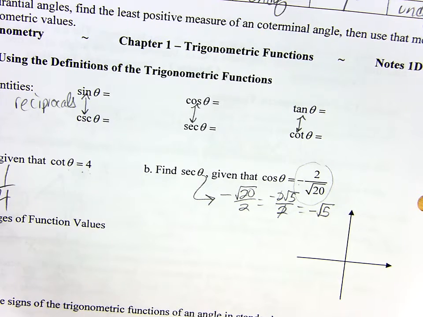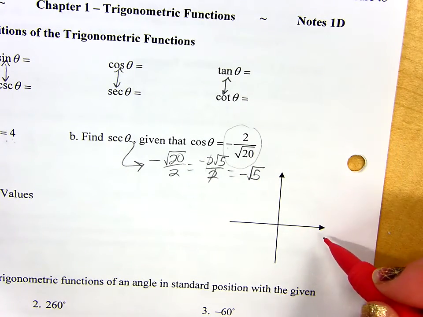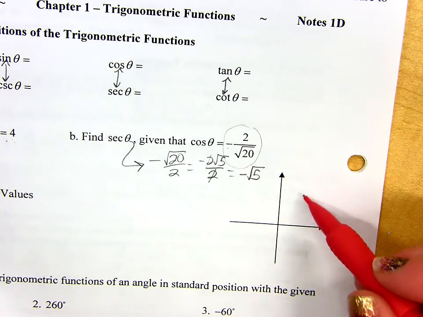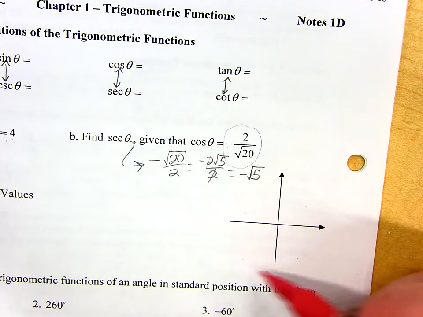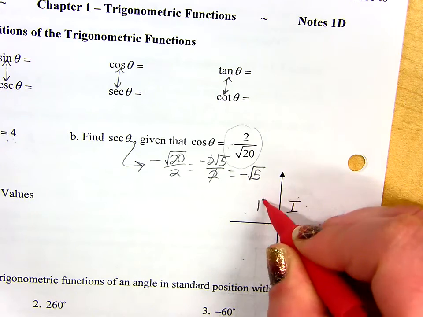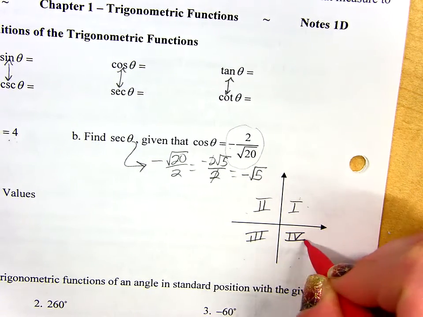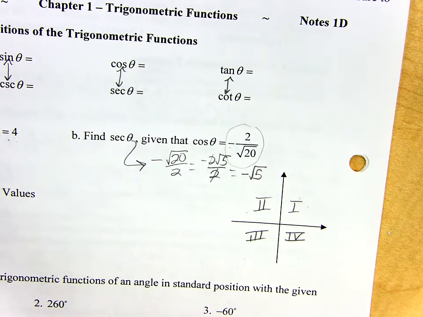All right, the next thing we're going to look at, in your coordinate plane, do you remember, I think we mentioned this the other day, labeling the quadrants? This one's 1, right? And then you go 2, 3, and 4. We're going to need to know what the sign of each trig function is in each of the quadrants. Oh boy.